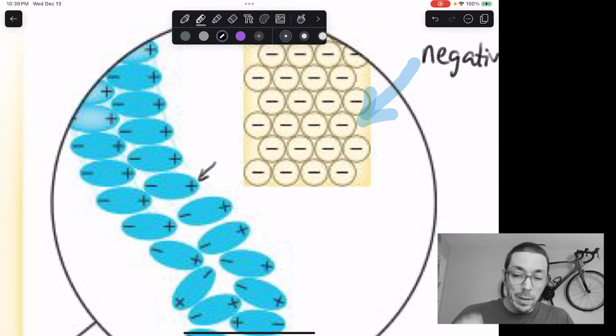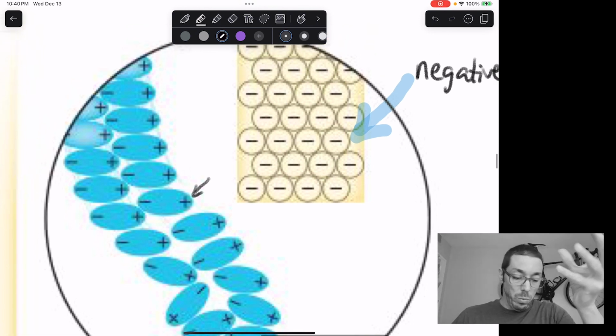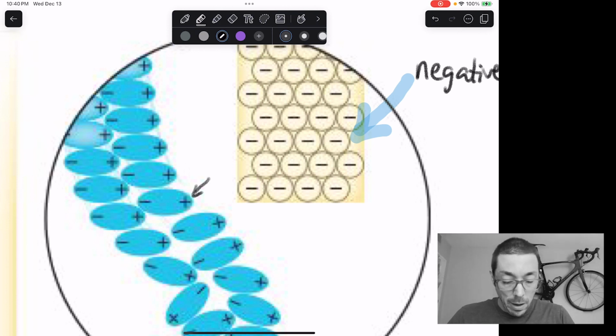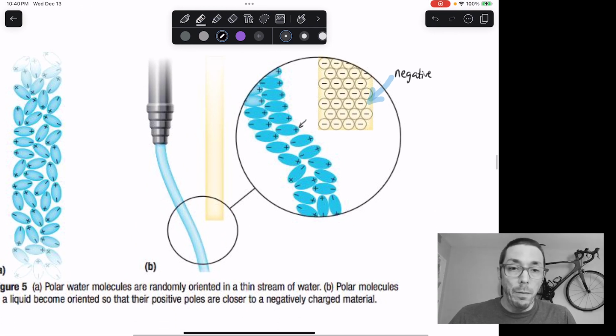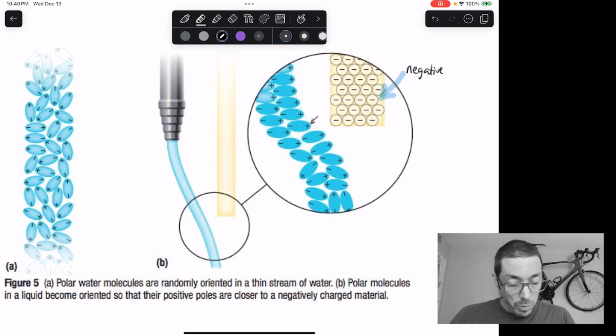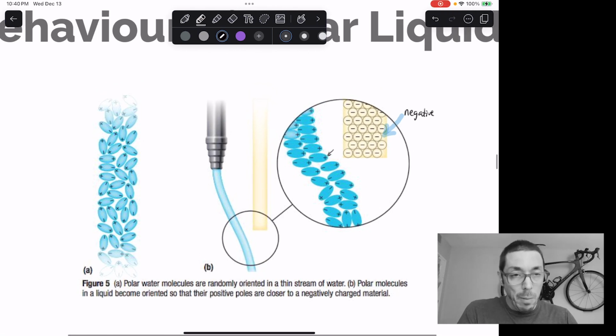Since water has negative and positive sides, it can be attracted to negative things or positive things. It's just going to flip itself, and then that side will be attracted. If this was a positively charged yellow object, the water molecules would turn the other way, and the slightly negative side would be attracted to it. So that's kind of explaining why this can happen. So give it a try and freak out your families with your magical powers and chemistry knowledge.